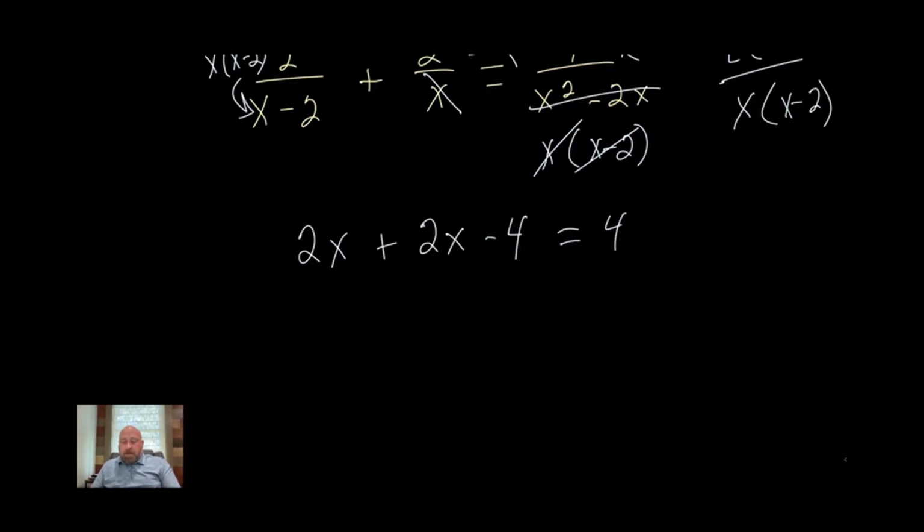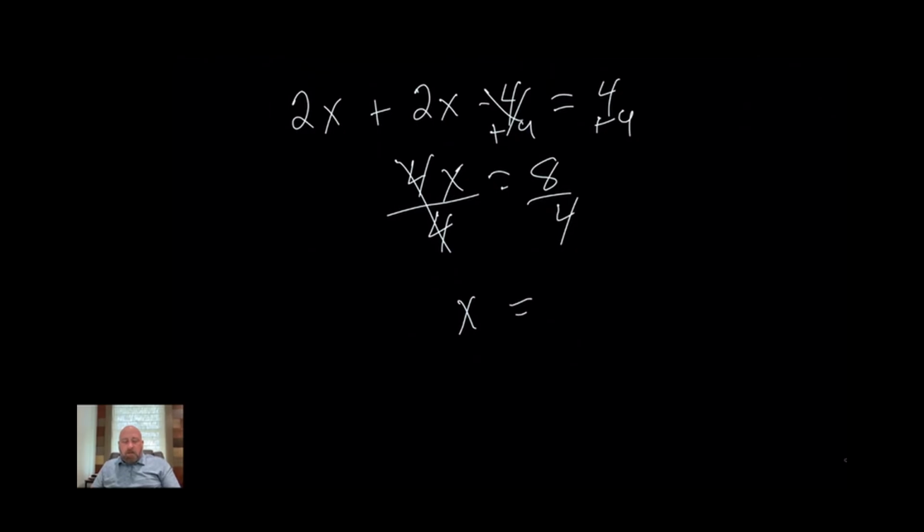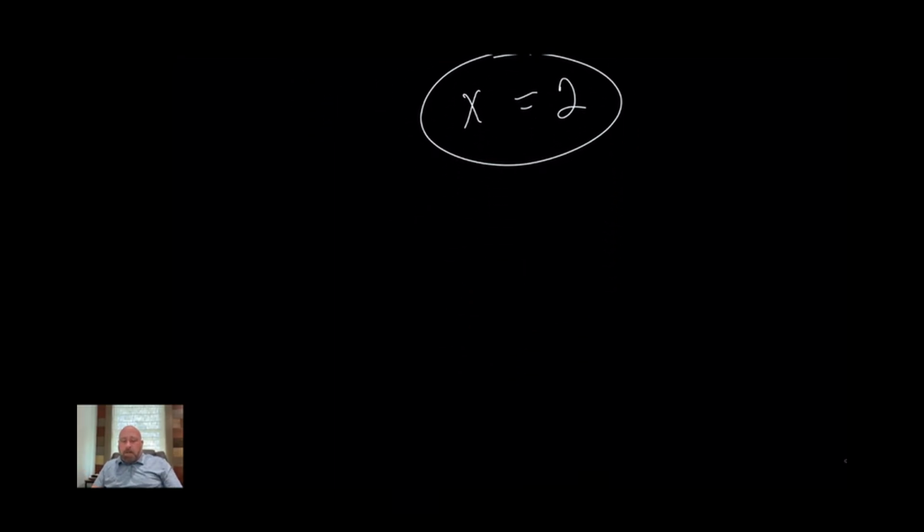That combines right there, so we get 4x plus 4 equals 8. Divide both sides by 4 to get x by itself, and we get x equals 2, and that would be our answer on that one. And again, I'm just going through these, and this is on page 349 if you want to look through your book while I'm doing these on the paper.